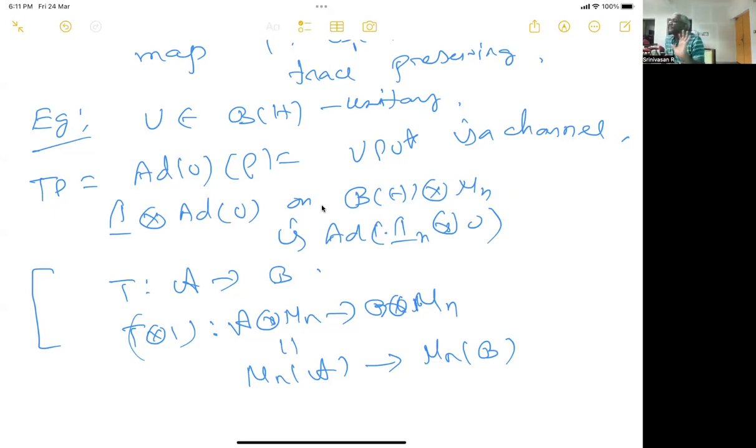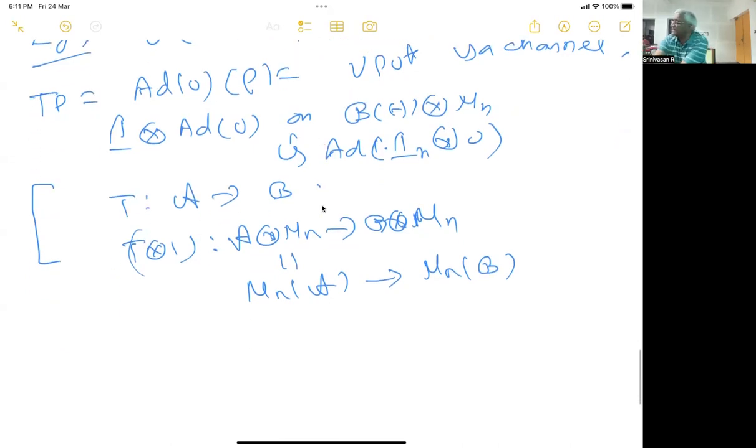Let us take A to be B(H). Then B(H) tensor Mn is nothing but B(H tensor Cn), since Mn is just B(Cn). B(H1) tensor B(H2) is B(H1 tensor H2). Take that as a definition of the tensor product of algebras. So this is Mn(A) to Mn(B).